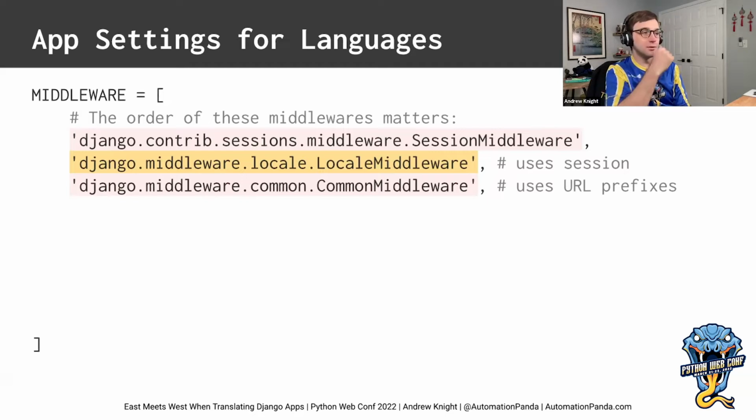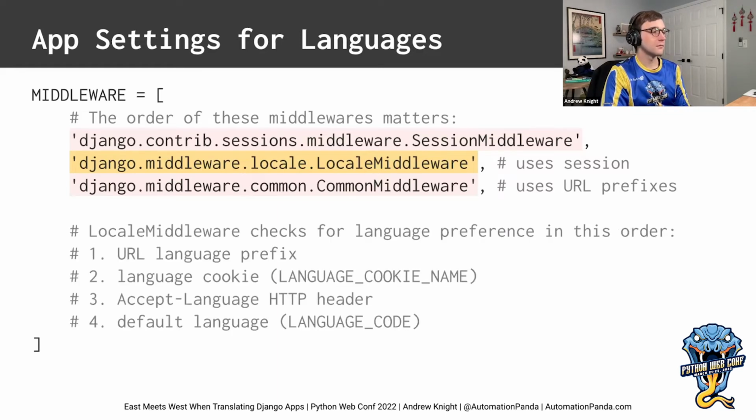The reason we need to do this is the locale middleware, first of all, uses sessions. So session middleware has to come first. And the common middleware has to come after because it uses URL prefixes that the locale middleware inserts. Now, what locale middleware does for us is it helps with that routing.